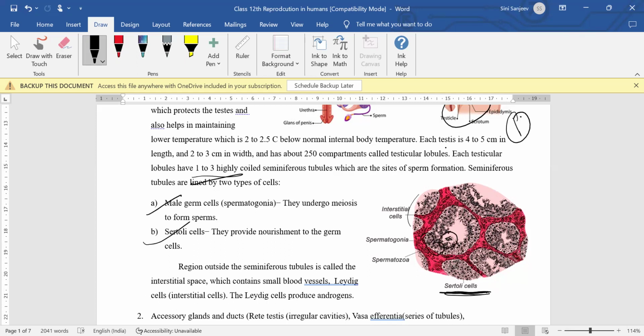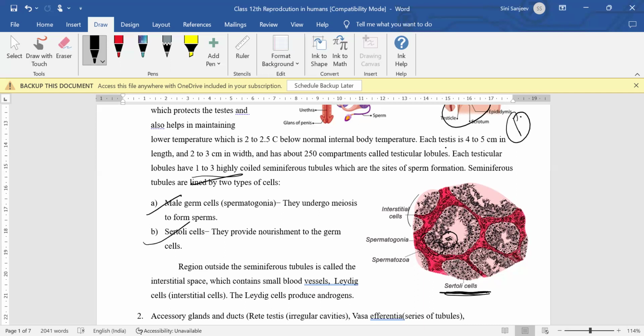The male germ cells are initially known as spermatogonia. Now you know that a cell divides by two processes, mitosis and meiosis, right? Here the male germ cells are going to undergo meiosis so that they can form the end product, which is the sperm, right?